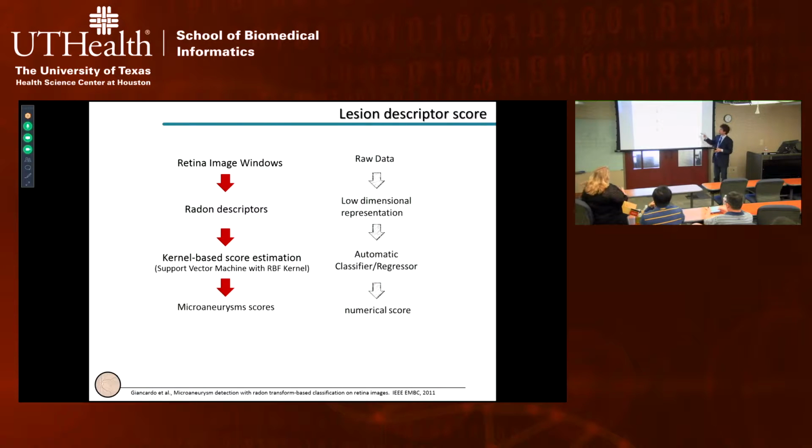Then we'll create a low-dimensional representation with a new thing that I developed during my PhD, which is a Radon descriptor. Then we'll use a standard automatic classifier or regressor, which will give us a microaneurysm score. I will concentrate on this one only for this part of the talk, to give a sense of how you could represent with low dimensions based on domain knowledge.